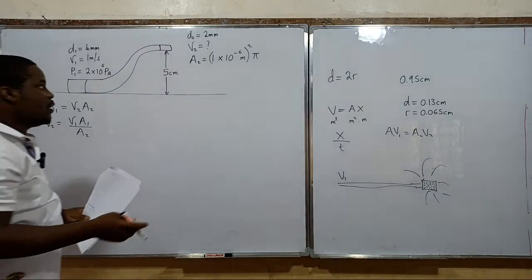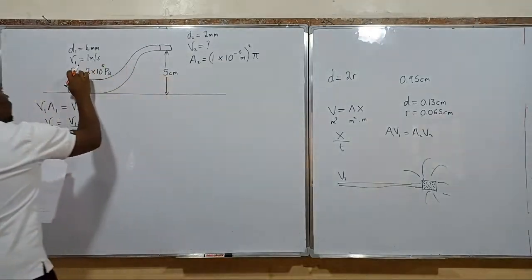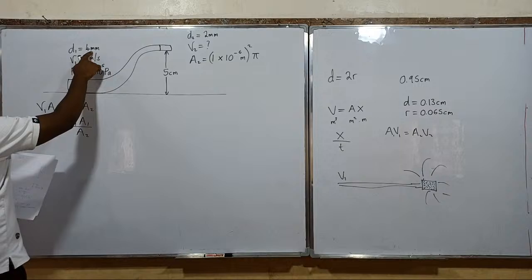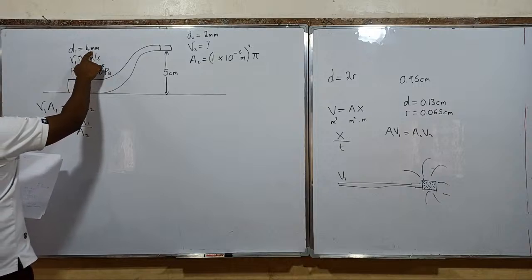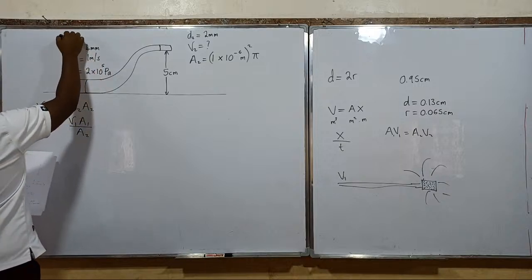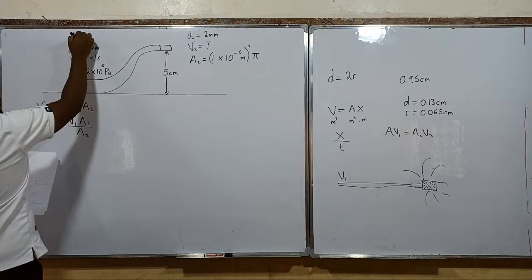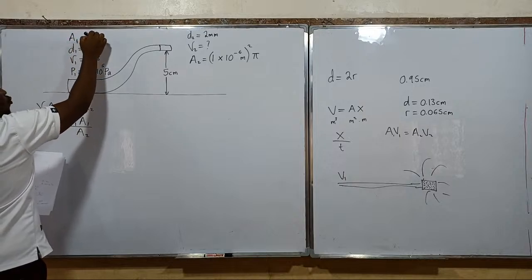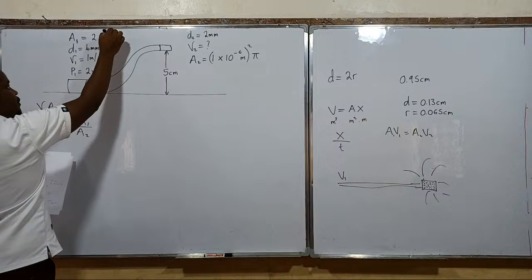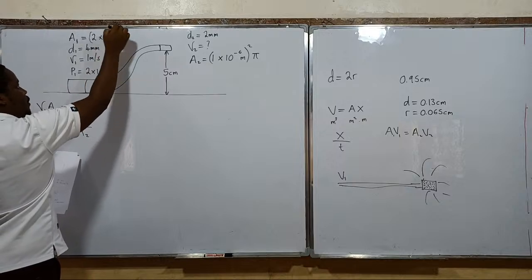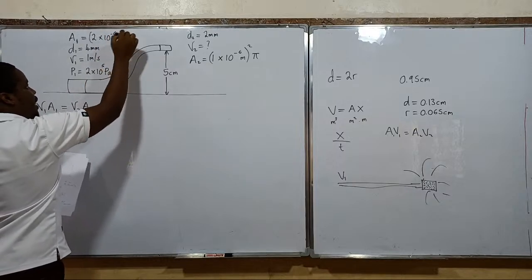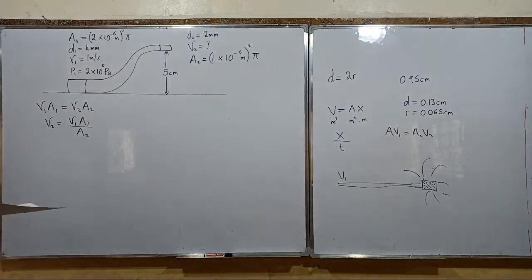Same thing here: diameter is 4, meaning the radius is 2. Hence area 1 is equal to 2 times 10 to the power negative 6 meters, in brackets squared, times pi.